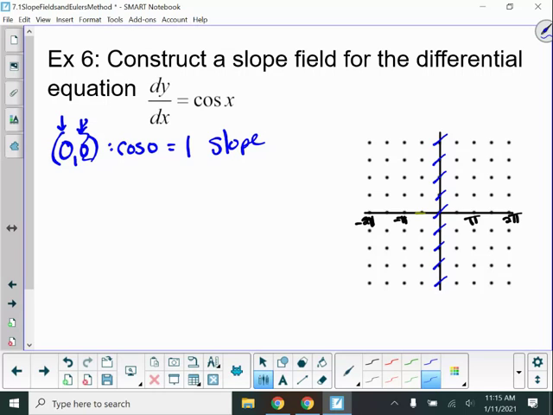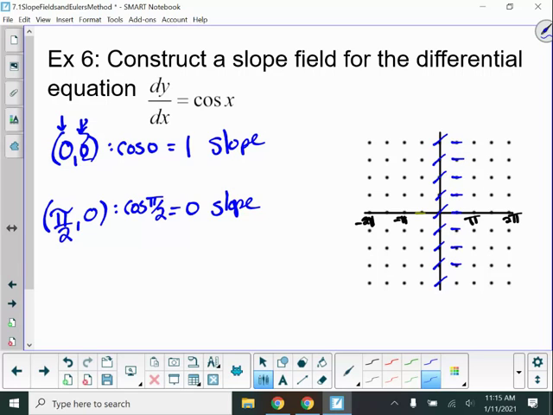So now, again, let's go to what I was thinking I was doing before. Let's think about where cosine is equal to 0. Well, at pi, it's not equal to that. This is pi over 2 is where your cosine is equal to 0. So pi over 2 is going to be here.